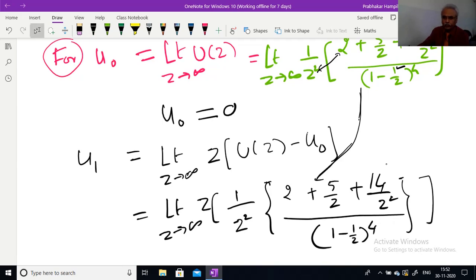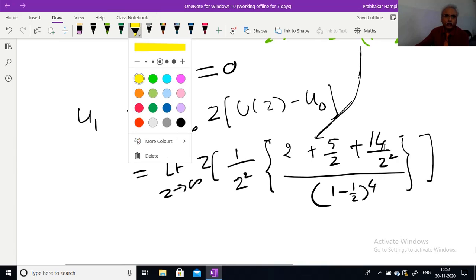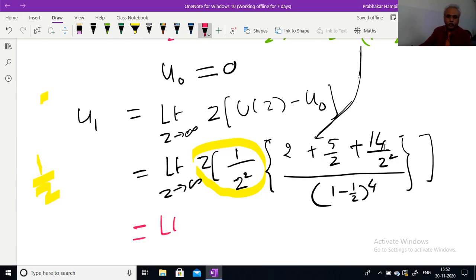Now to be noted, the simplification of this z times 1 by z square becomes 1 by z. So now if I continue, this looks like the limit as z tending to infinity of 1 by z. Remaining, let us not touch it.